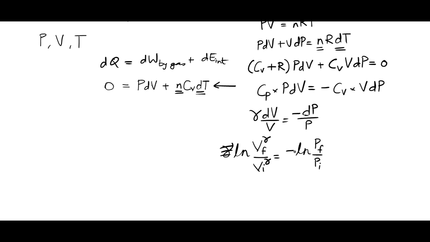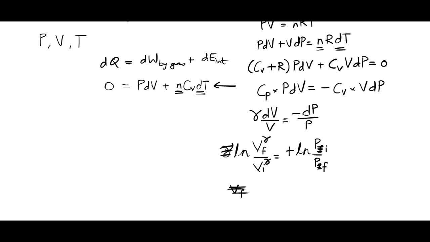Further, on the right hand side I can just take the reciprocal of what appears after the log in order to get rid of the minus sign. So I'll just write a plus over here, and here I'll write P initial, whereas here I'll write P final. Now take the antilogs. So the antilog on the left hand side is simply going to be V final raised to gamma divided by V initial raised to gamma.